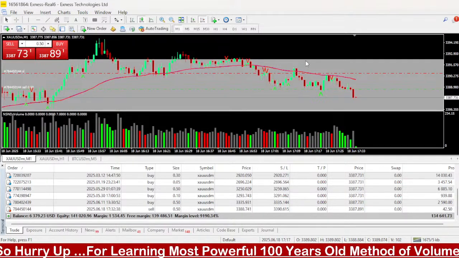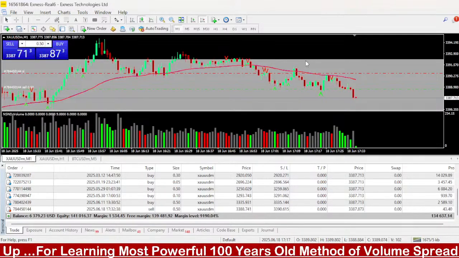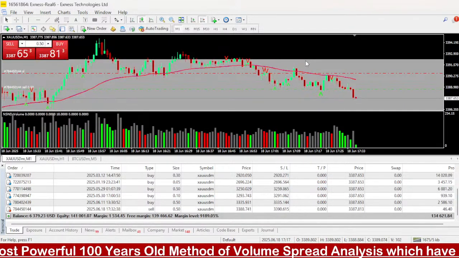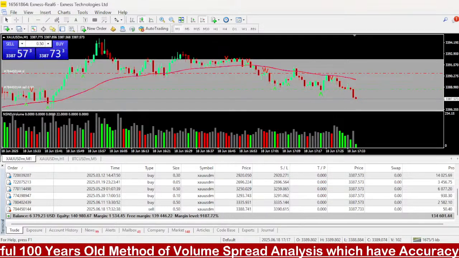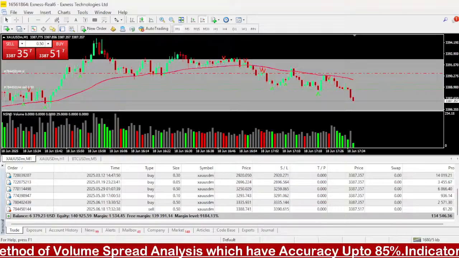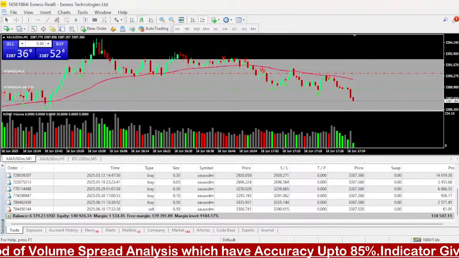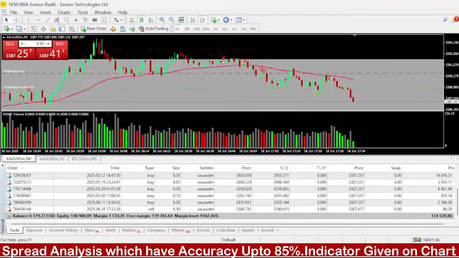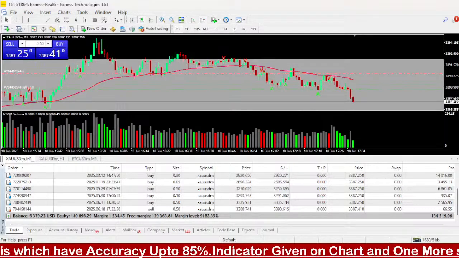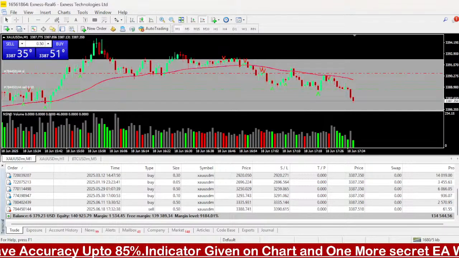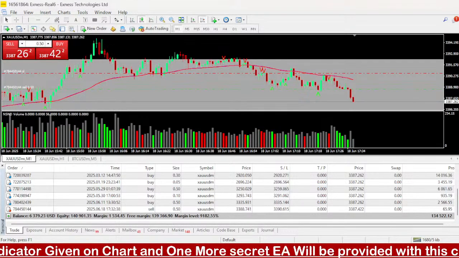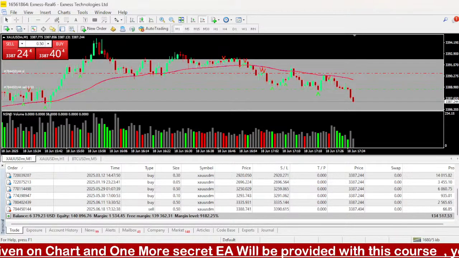Of course it can hit SL. That's how the market works. But you must have a good understanding of structure, no supply, no demands, and all those things. So it can be very easy for you to detect good trades in the market.